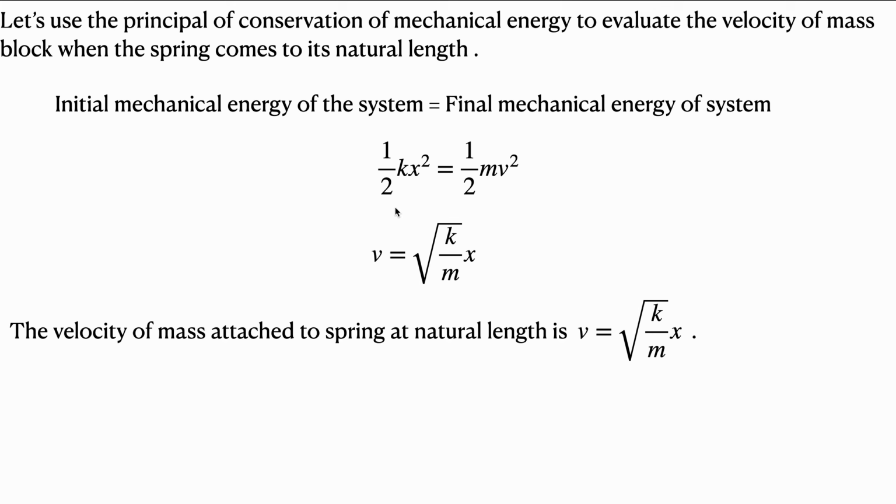So we equate these two terms and we get the velocity of the mass attached to the spring at natural length, v equals square root of k by m times x. This is the velocity of the mass at the natural length of the spring.